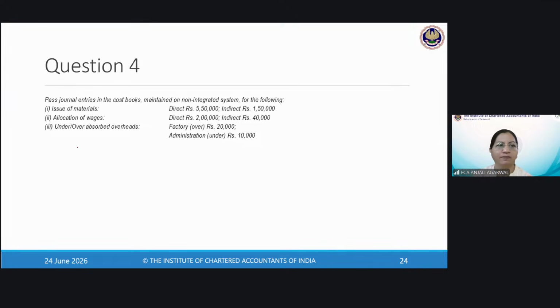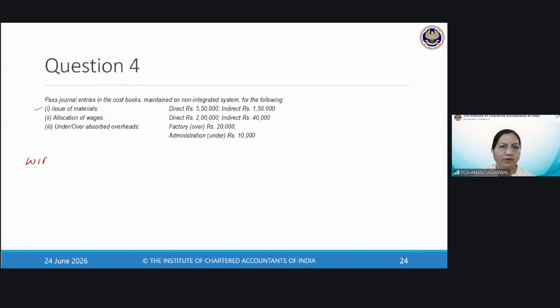Another small question. Pass the journal entries in the books of accounts maintained on non-integrated system for the following. First is issue of materials. So there is a direct material, 5 lakh 50,000, indirect material 150. Do you understand what is this entry?